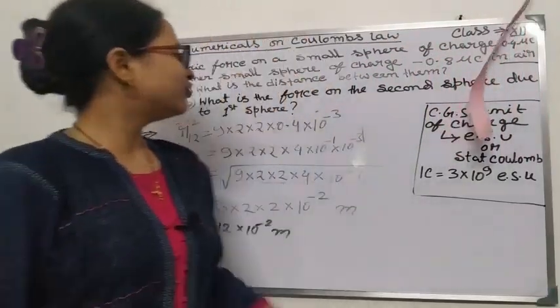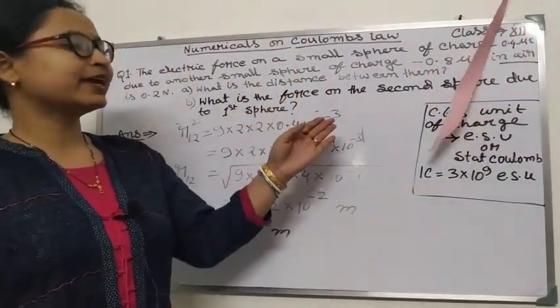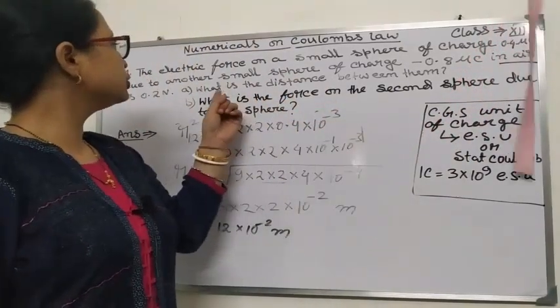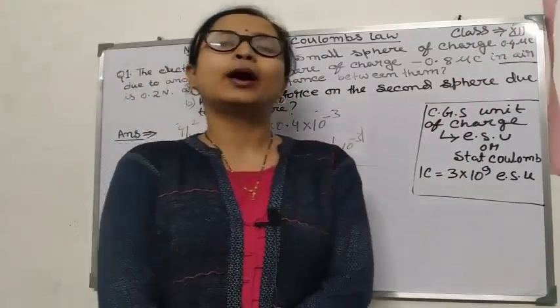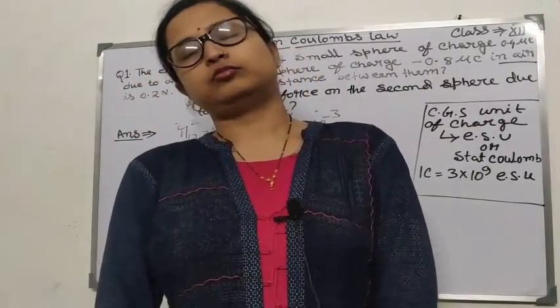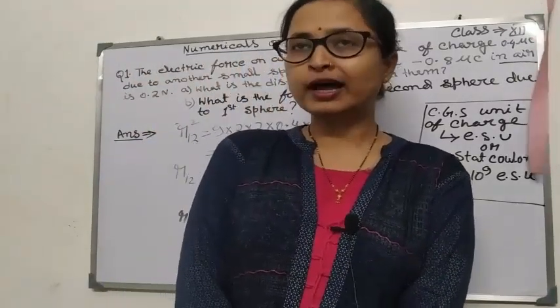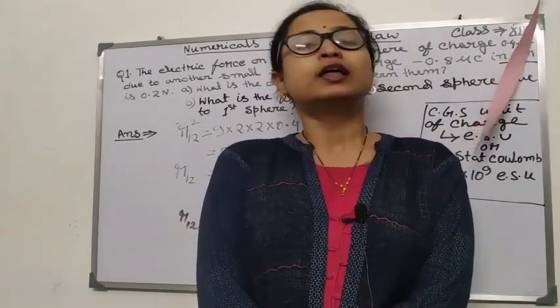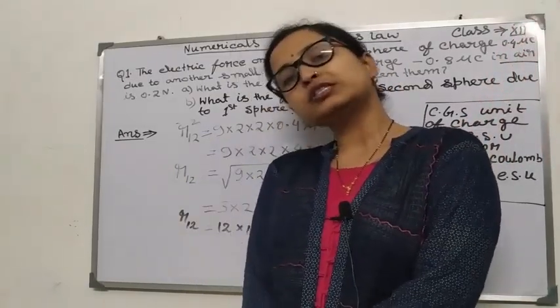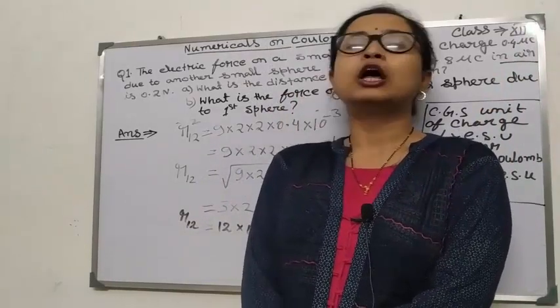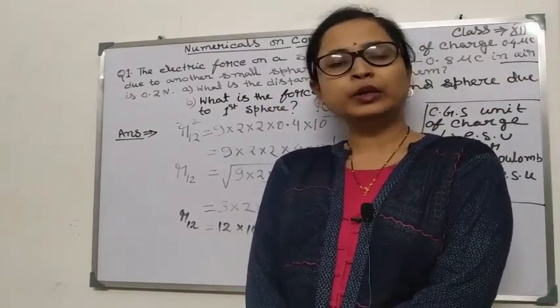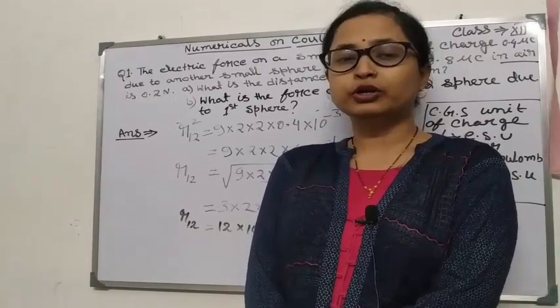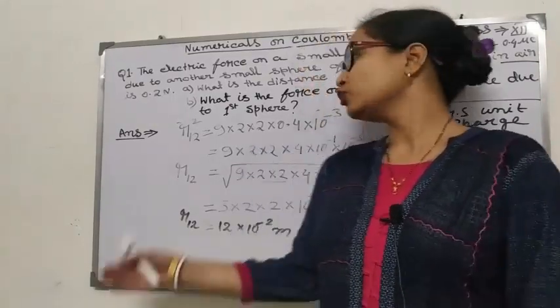That's why the value of the force on the second sphere is also 0.2 Newton, and you have to write this reason also, as we know that Coulomb's force follows Newton's third law. That means the force applied on the second sphere due to the first sphere will be 0.2 Newton. Clear? So this is all about this numerical.